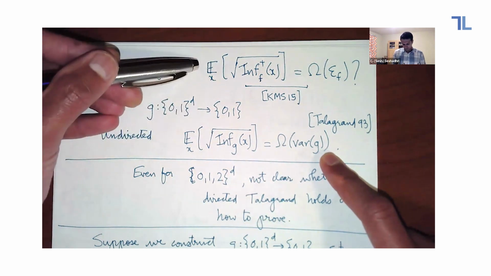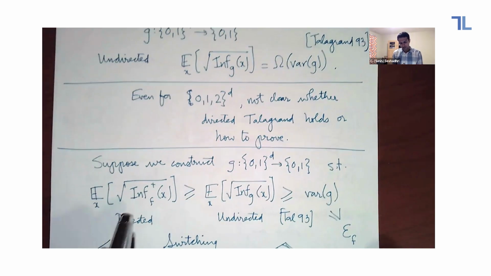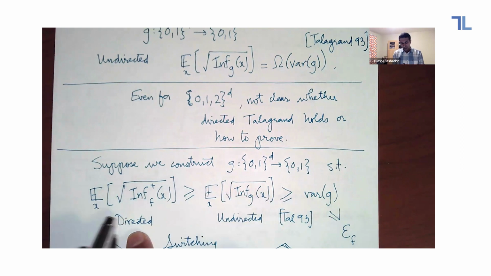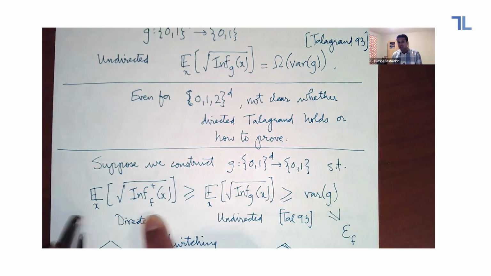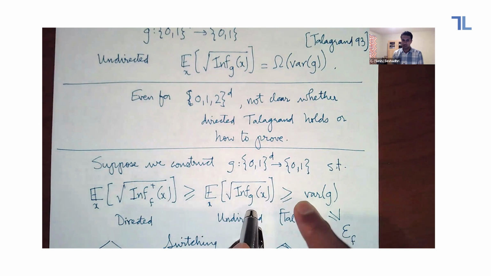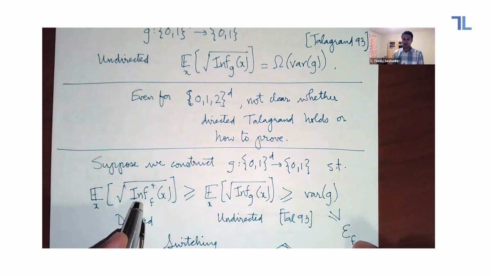So the initial intuition is to say that we're going to construct some function g such that we can relate the directed boundary of f to the undirected boundary of g. Then we go ahead and apply Talagrand. So we'll lower bound by the variance of g. And then we have to relate the variance of g to the distance to monotonicity of f. So this is very high level.